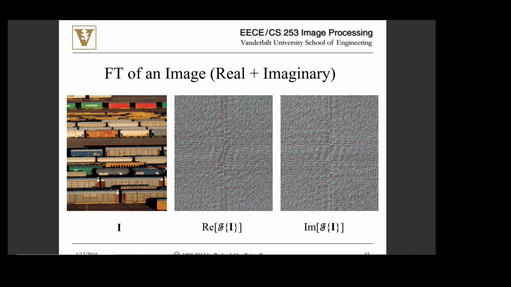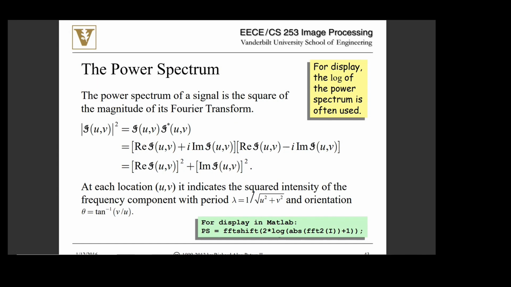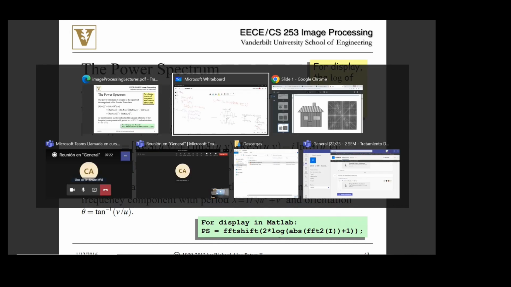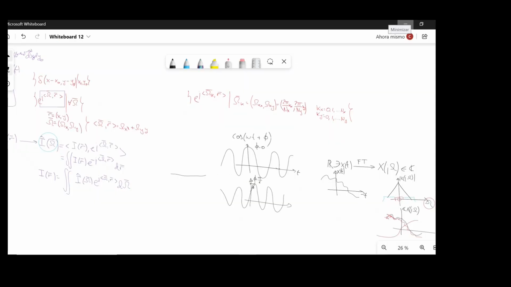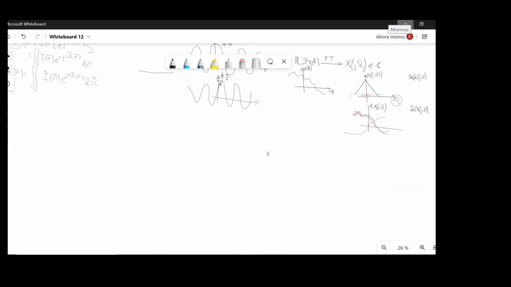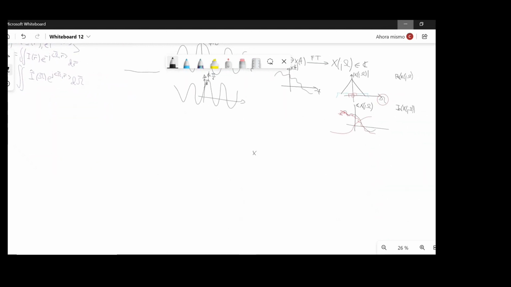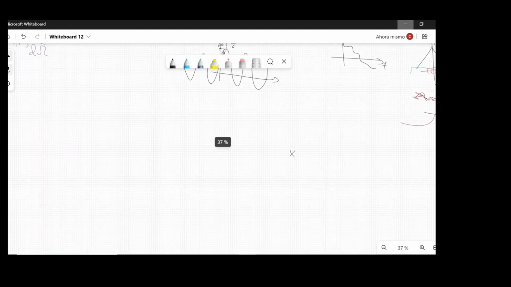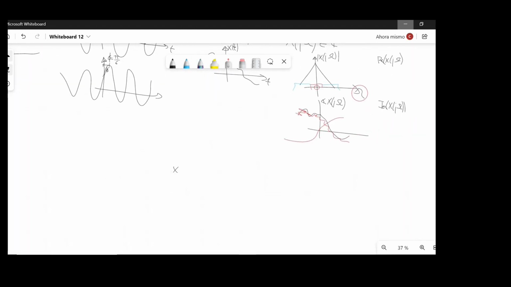Okay, good. Then the power spectrum. Let's say that we have a signal x of t. I'm sure you have seen this, though you may not remember it. That is a random signal. In general, let's say it is a random signal. What does it mean that it is a random signal?